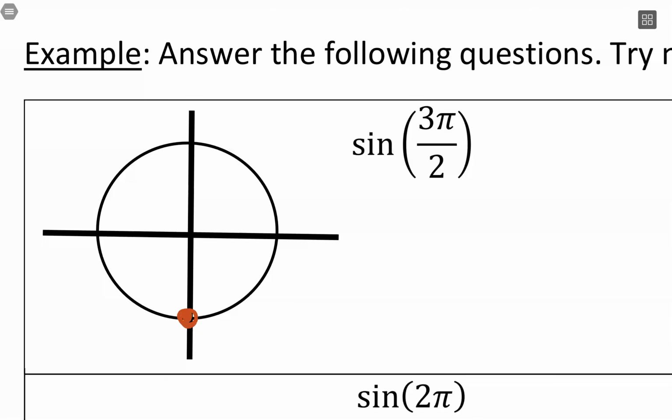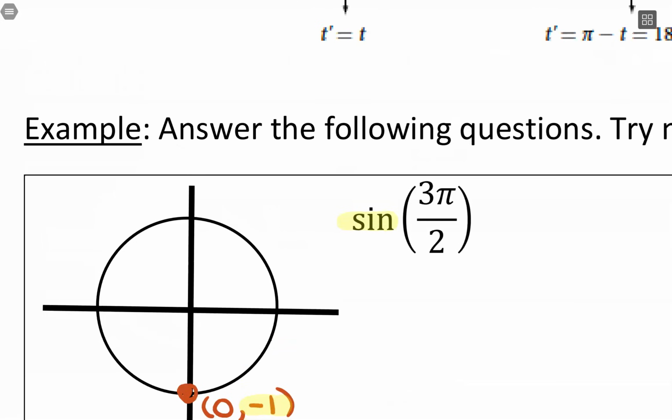If you can't remember where it's landing, here's 1 pi over 2, so you'd have 1, 2, 3. Now that coordinate there, that's our unit circle, and that would be an x value of 0, y value of -1. Now, since we're looking at sine, I want to look at the y coordinate.